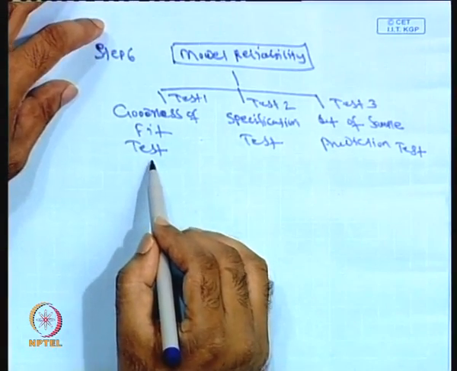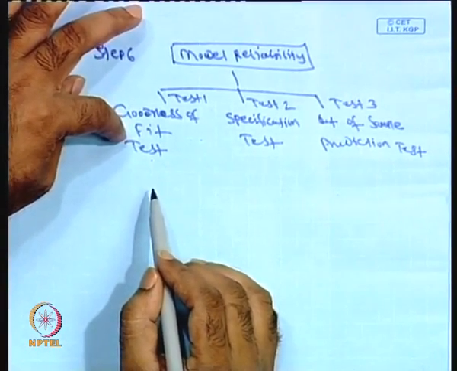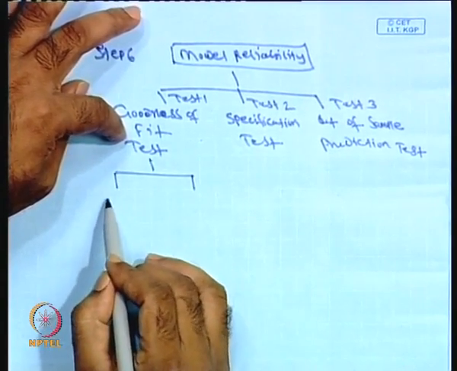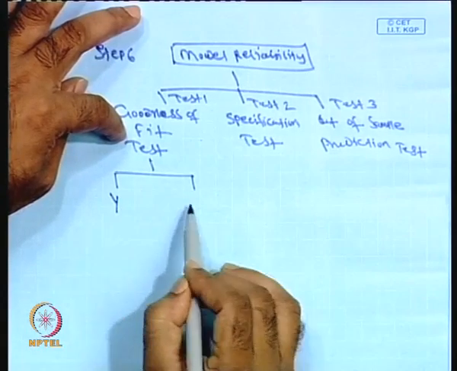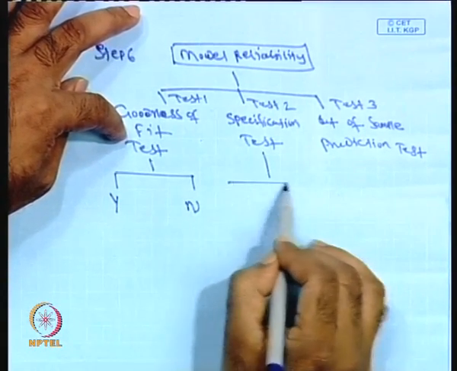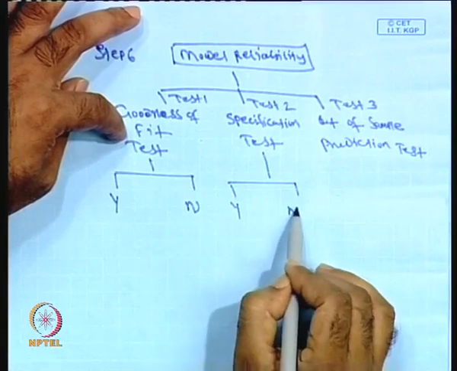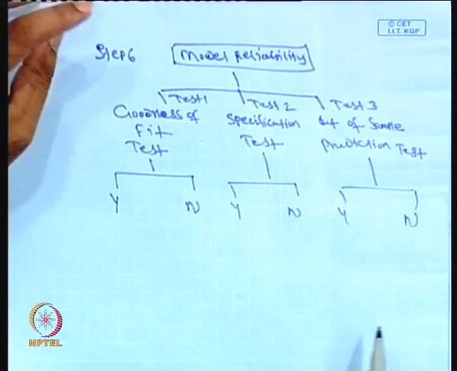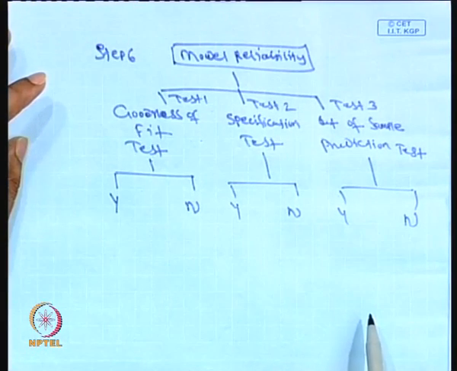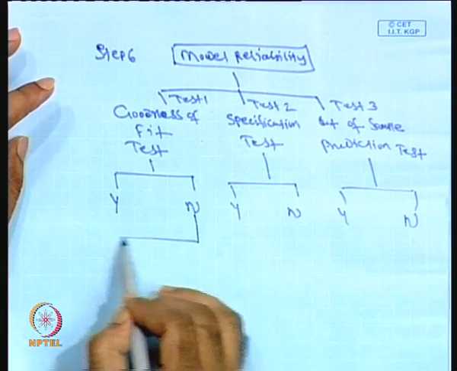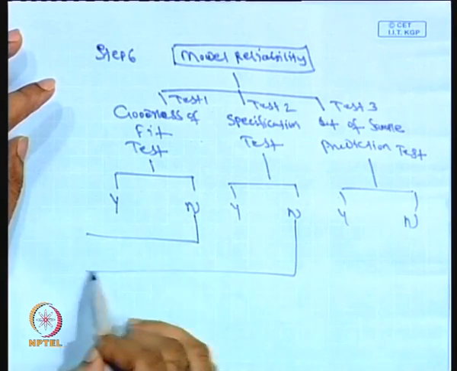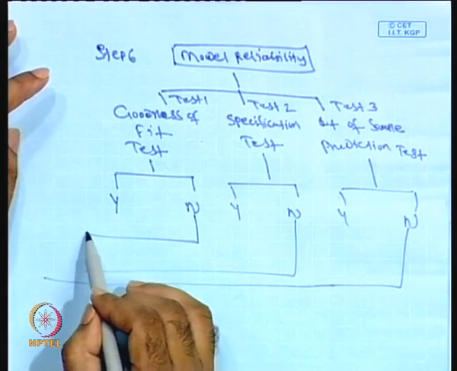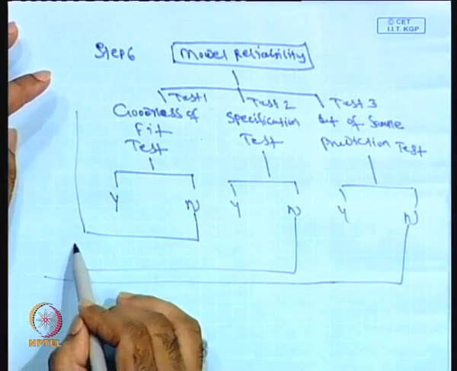Once you go through all these tests, we have two different answers, yes and no, for each. If it is no in any case, then we have to proceed further.